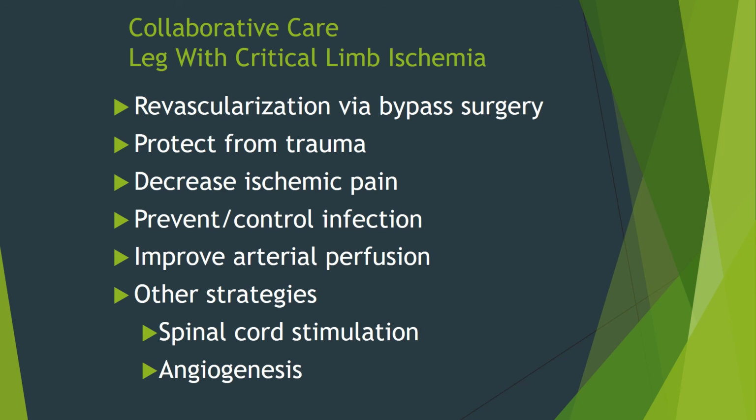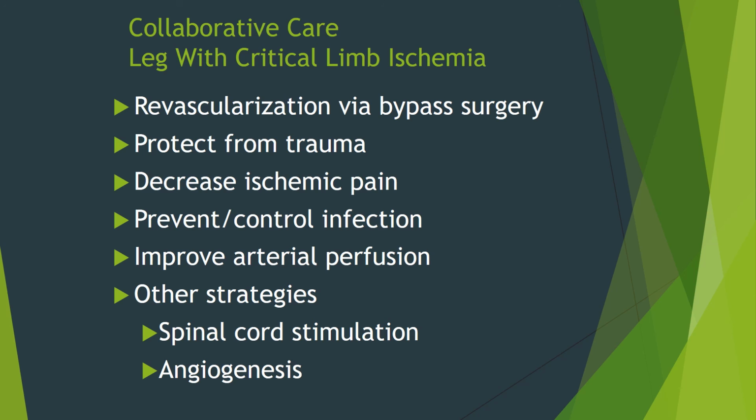We want to improve arterial perfusion, and there are some new strategies that they're researching. One of them is spinal cord stimulation, which they're working on to help manage the pain and to also help prevent amputation in some of these patients who have critical limb ischemia.